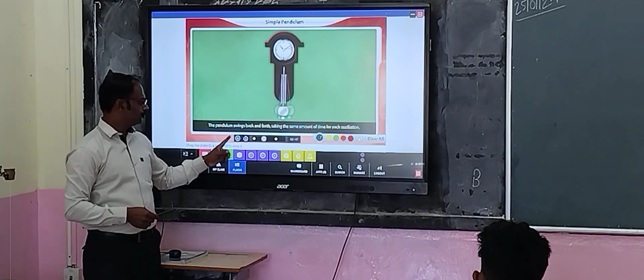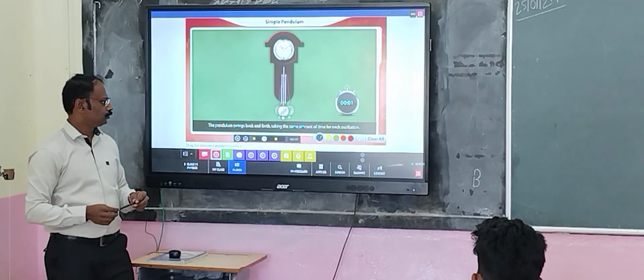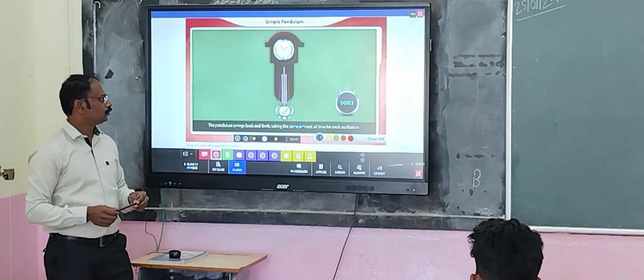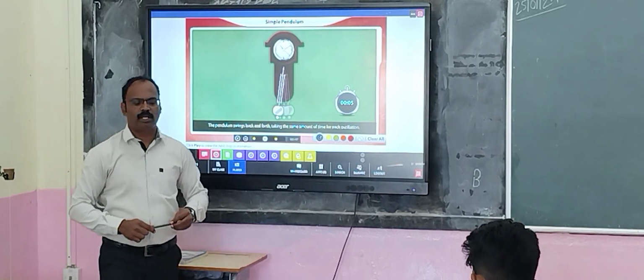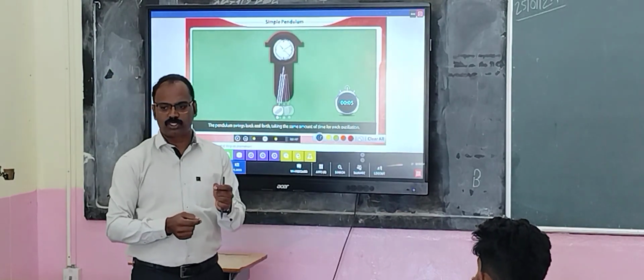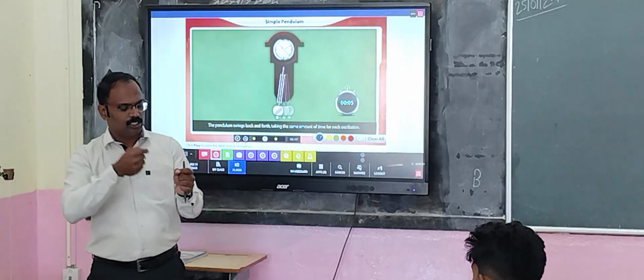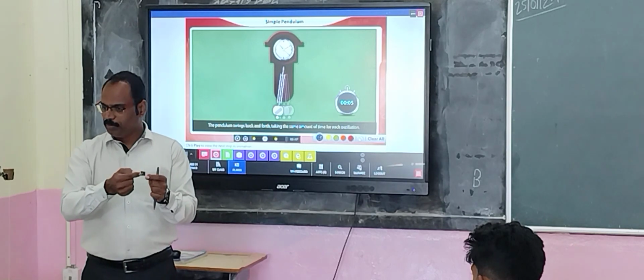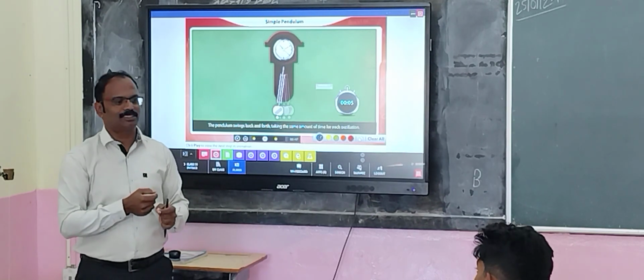The pendulum swings back and forth, taking the same amount of time for each oscillation. So the time taken by the simple pendulum to move from the mean position to the extreme position, again reach the extreme position, then come to the mean position: the time taken for this complete oscillation is called its time period.